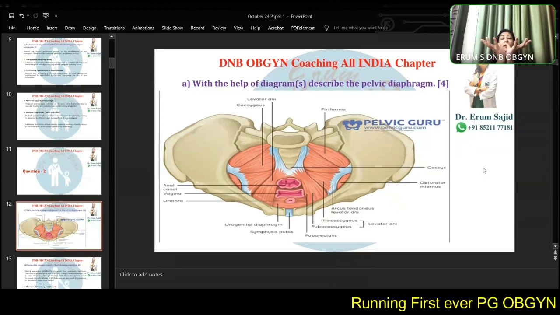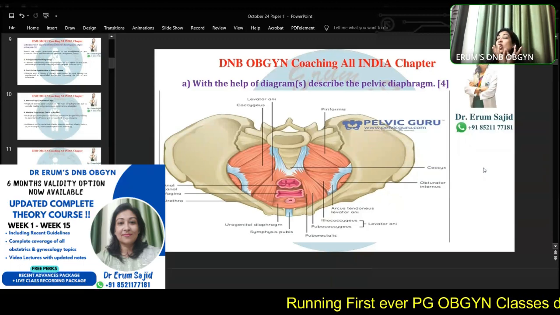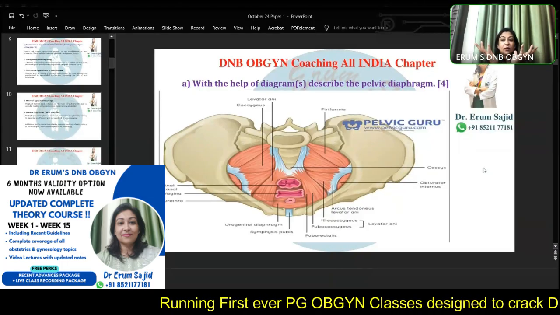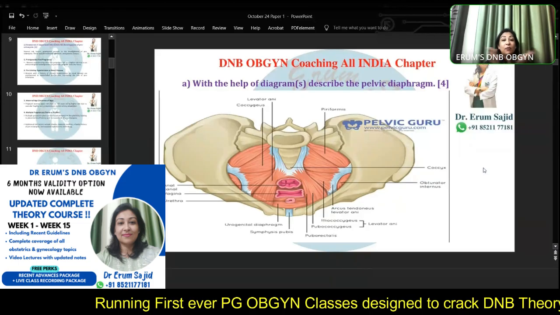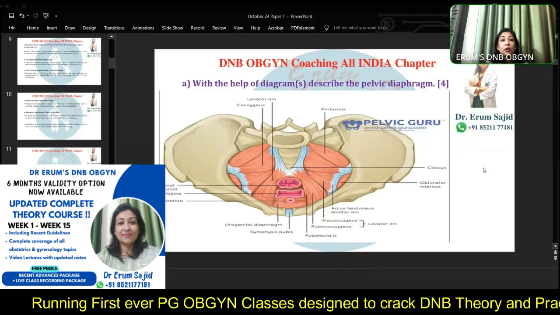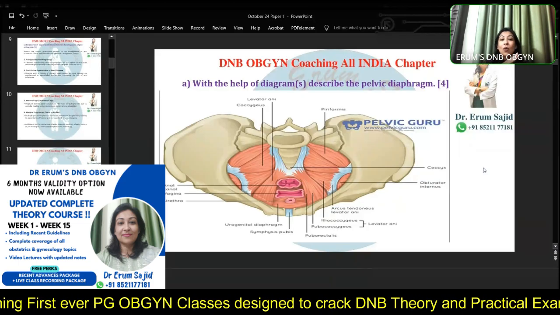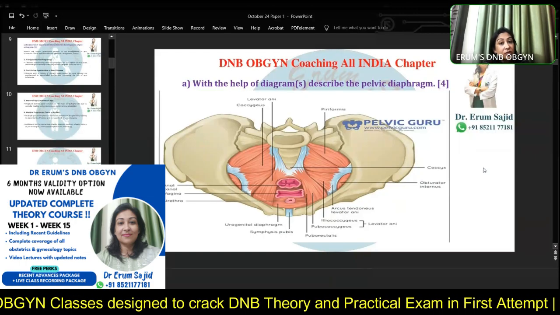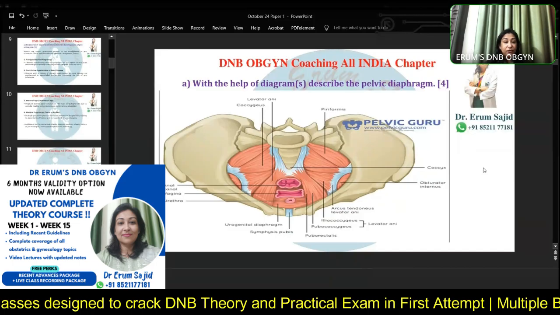So pelvic diaphragm is like a bowl. It's not just the levator ani, it's all the muscles which make the pelvis like this. So you don't have a bone there. Have you ever wondered why prolapse doesn't occur in most of the patients? Why does it happen only in a few patients?